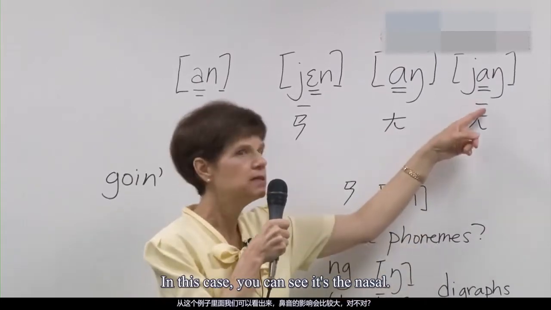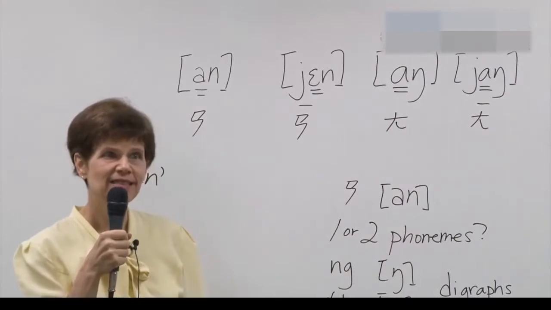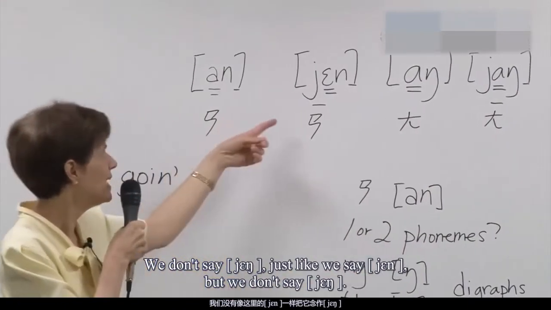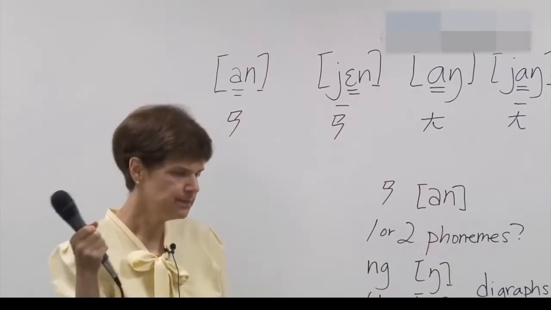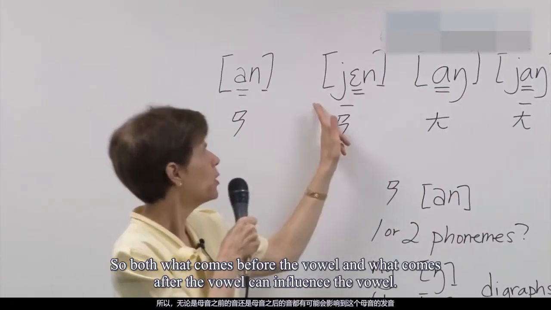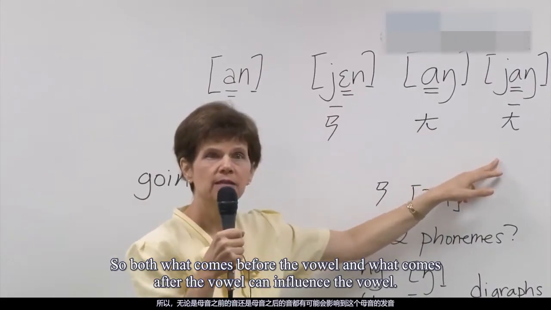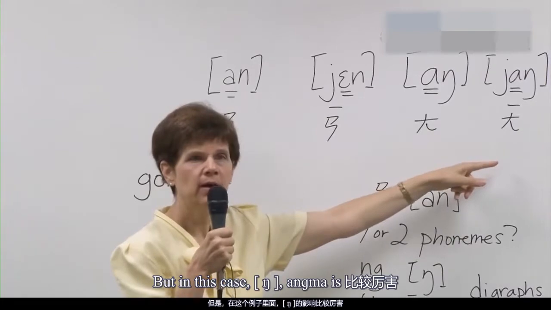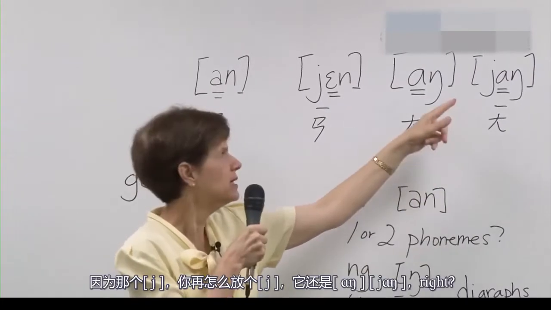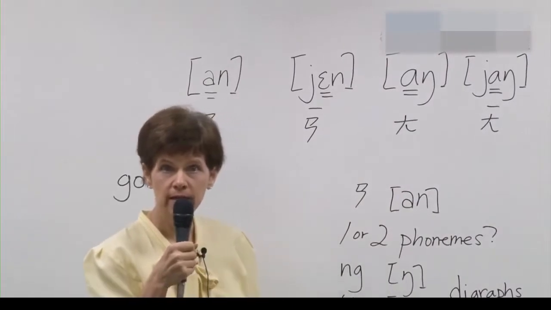In this case, you can see it's the nasal. We say yang. We don't say yang, just like we say yin, but we don't say yang. So both what comes before the vowel and what comes after the vowel can influence the vowel. But in this case, engma is 比较厉害，因为那个 y 你再怎么放个 y 它还是 yang, right?